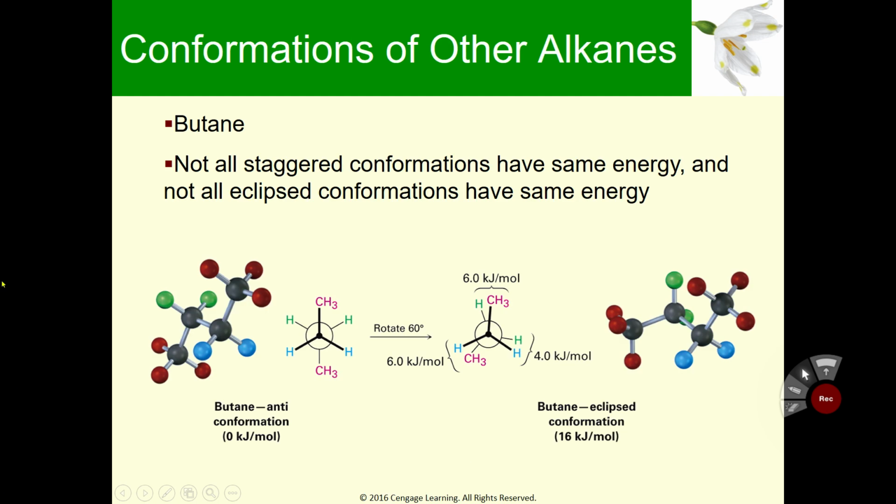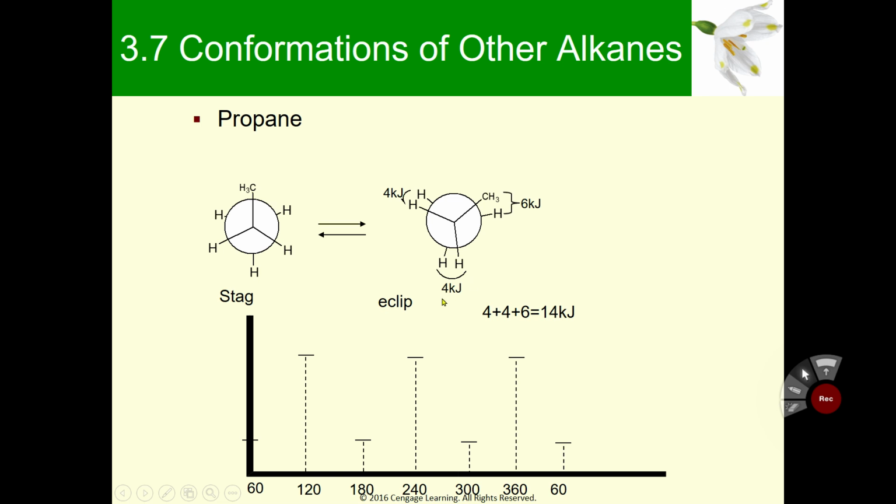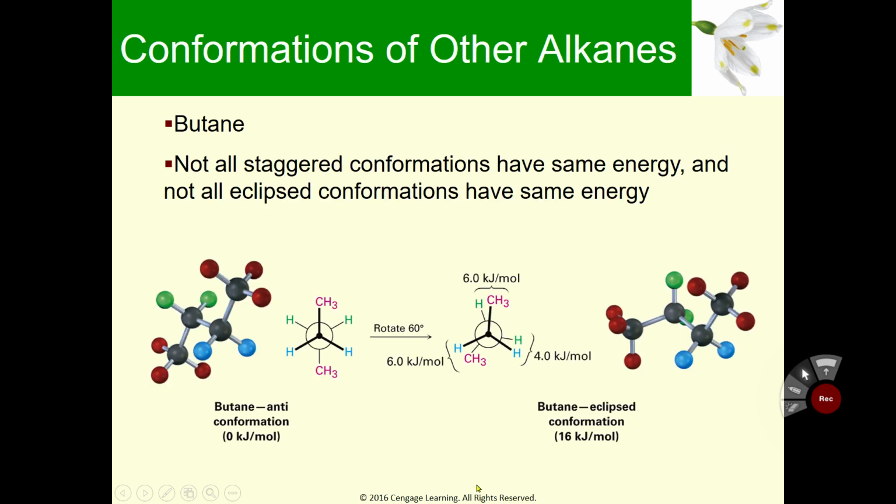Let's think about butane here. Okay, here's the eclipsed. This is a staggered one. And I told you this is about 6 kilojoules. This is 4 kilojoules.